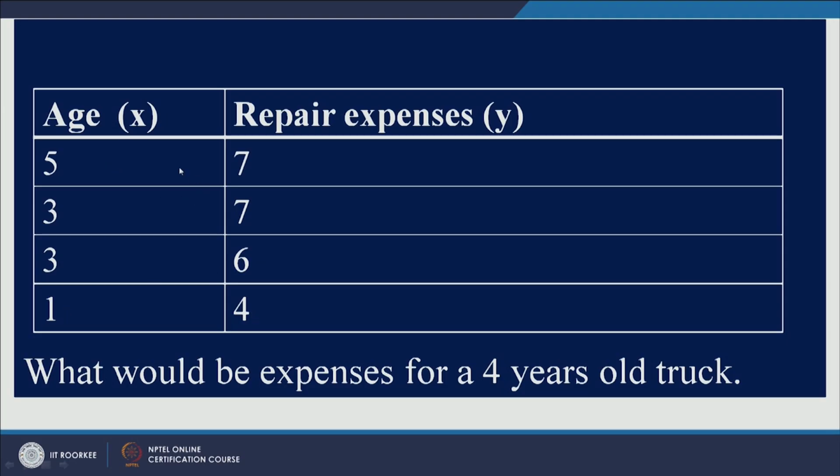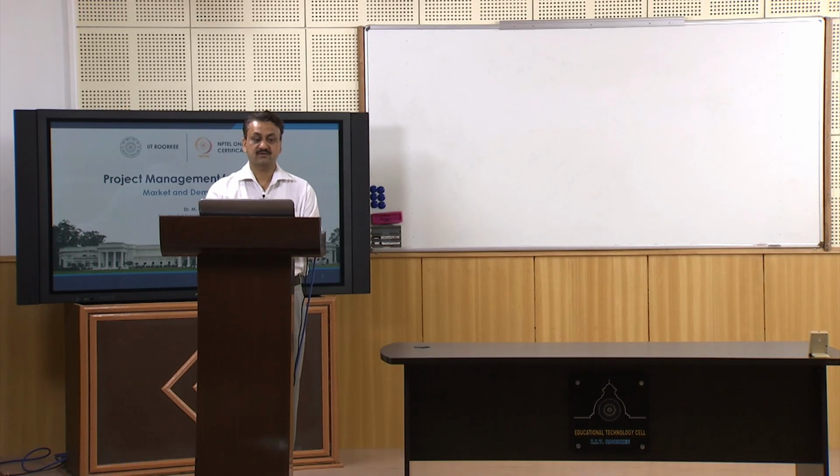Since you have selected trucks on the basis of sampling, you may have a truck which is 3 years old with repair expenses of 7,000, but some other truck which is also 3 years old with repair expenses of 6,000. It is possible. So, the question is, what would be the expenses for a 4 years old truck? We want to find a relationship between age and expenses.